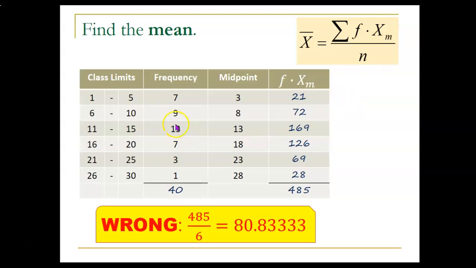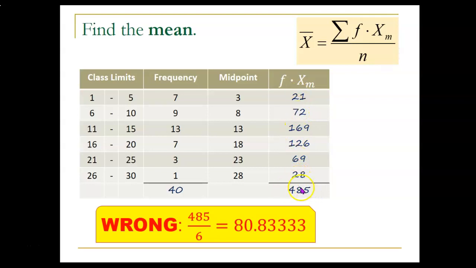The idea here is that we had 7 data values that were somewhere between 1 and 5. So those 7 numbers should add up to around 21. Then we had 9 numbers that were somewhere between 6 and 10, and so they should add up to somewhere around 72, and so on.